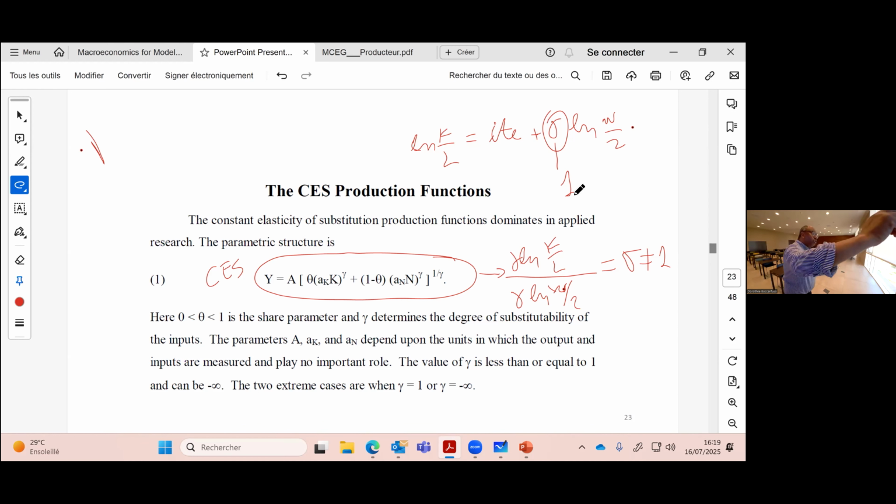When prices change, how the ratio in the two factors we are using here changes. In the Cobb-Douglas, the elasticity of substitution is equal to 1. But in a CES production function, we have more possibilities, and the elasticity of substitution is different. It is equal to another value, and in a CGE model, we can use a CES specification.